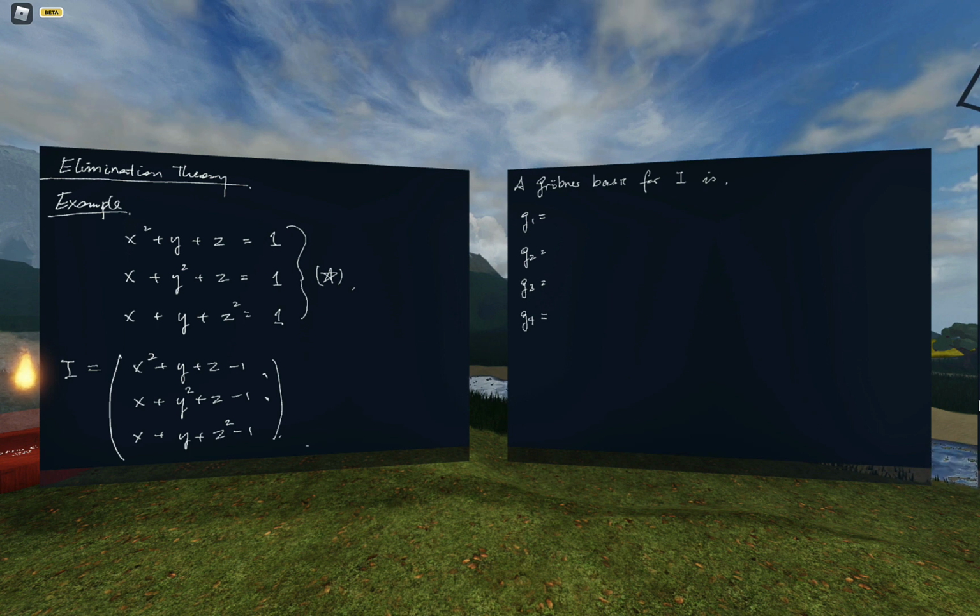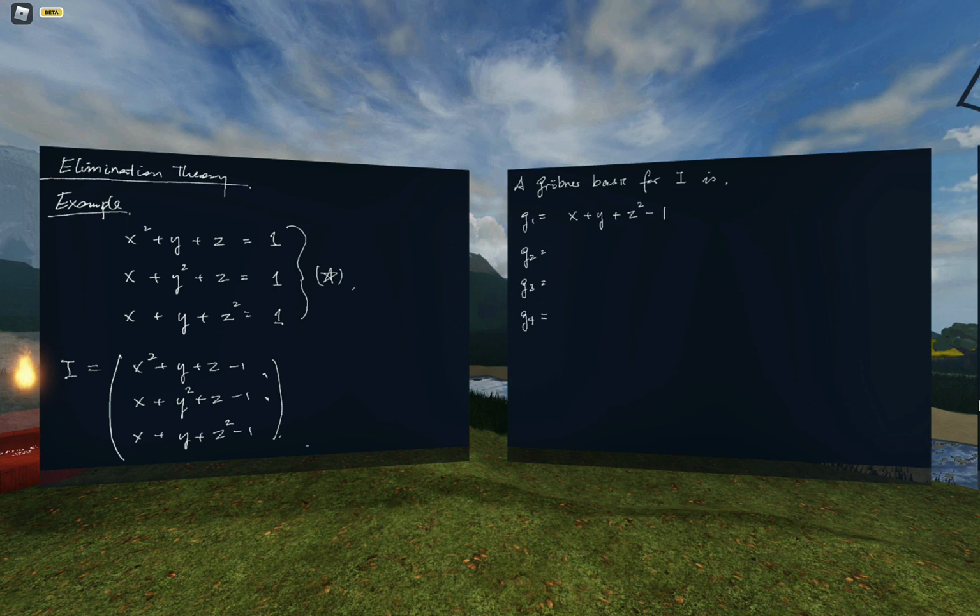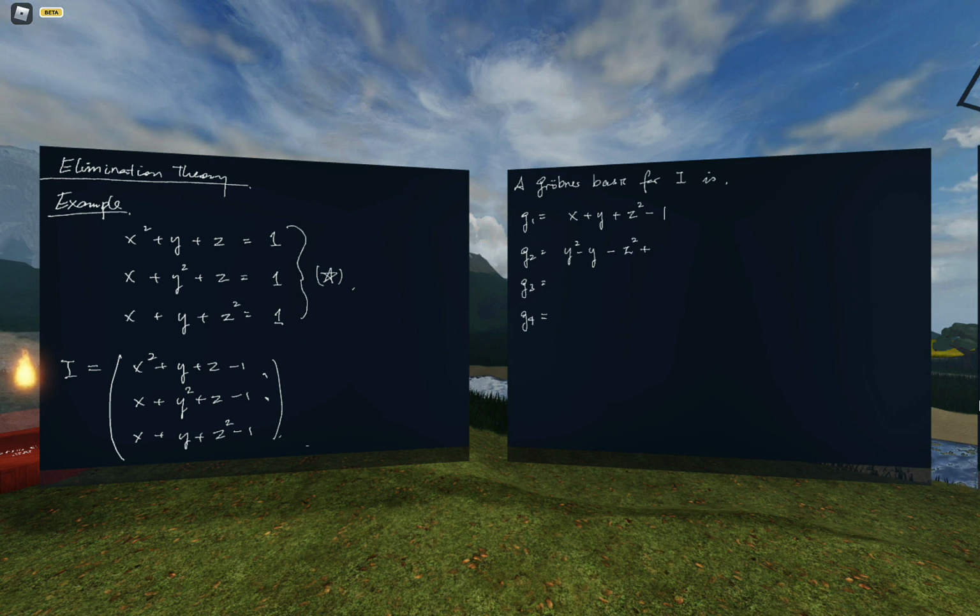And I'm going to be careful writing this out because this is not as symmetric as the original generators. Okay, z squared minus 1. Second one is y squared minus y minus z squared plus z.